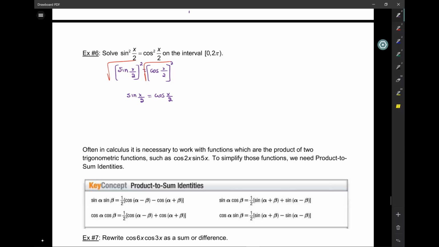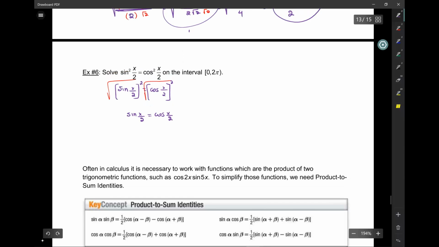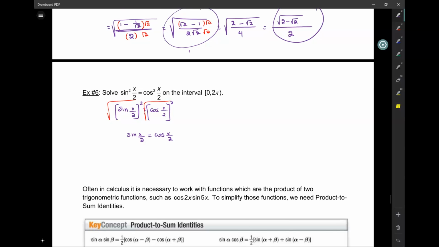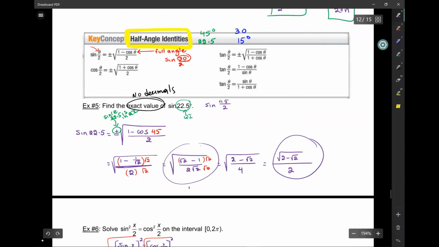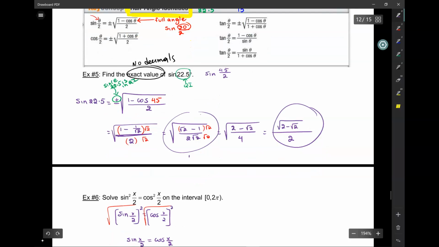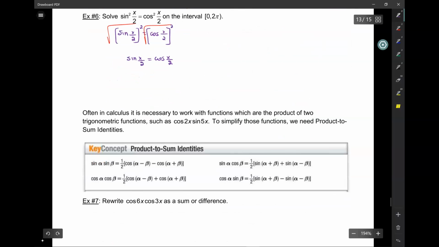Okay, now, sine of x over 2, that's a half angle identity. Do we have a half angle identity? That one. Cosine of x over 2, that's a half angle identity. So why don't we substitute each of those identities in there?